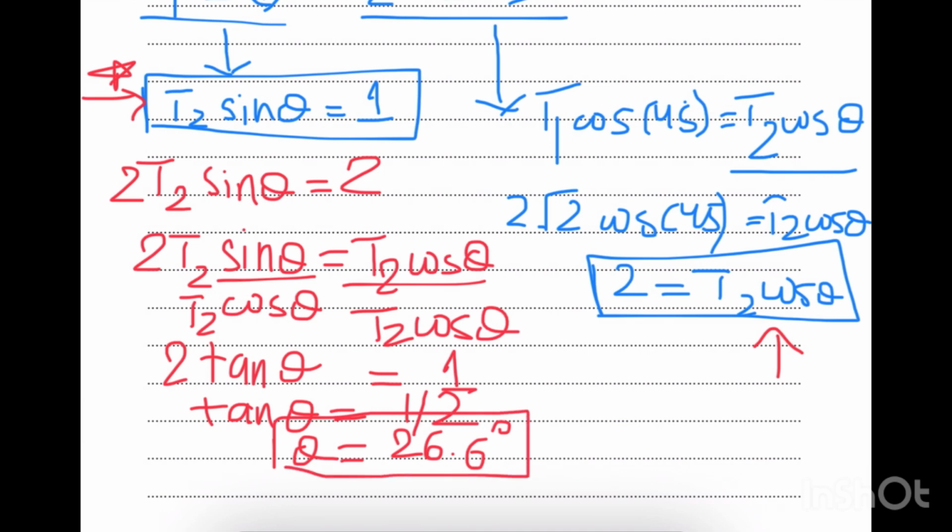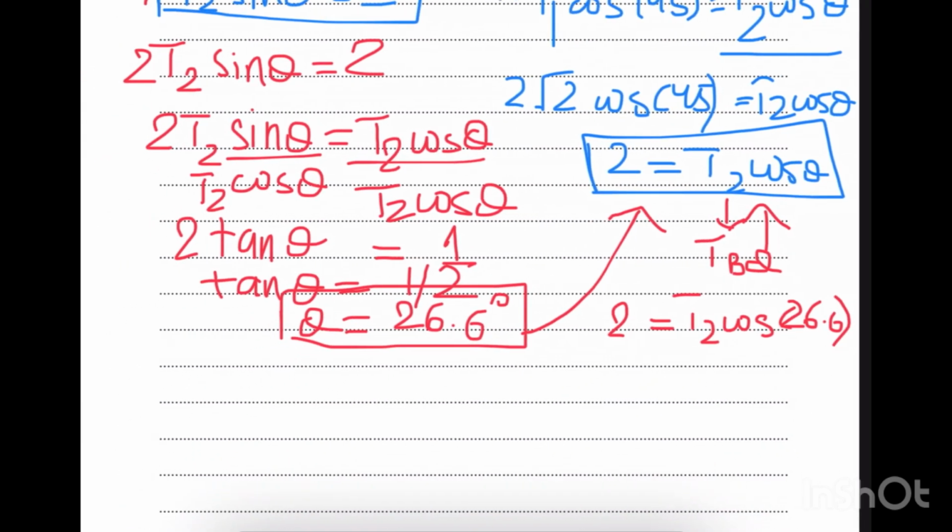So now we can use this value of theta and substitute it back in the T2 cos theta equation to find out the value of T2, which was the tension in the string BQ. So 2 is equal to T2 cos 26.6.